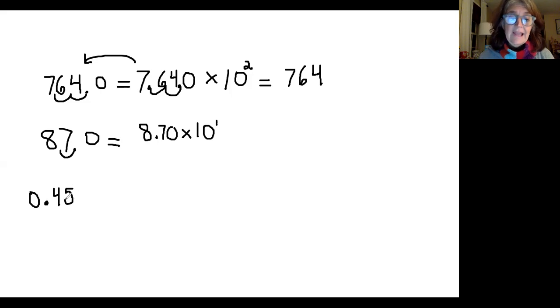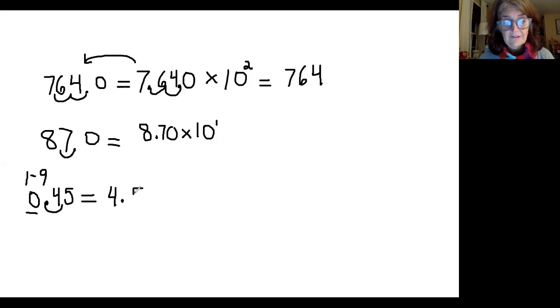Okay. Now, I told you before that the number in front here needed to be 1 through 9, including the numbers 1 and 9. 1, 2, 3, 4, 5, 6, 7, 8, 9. 0 does not count.